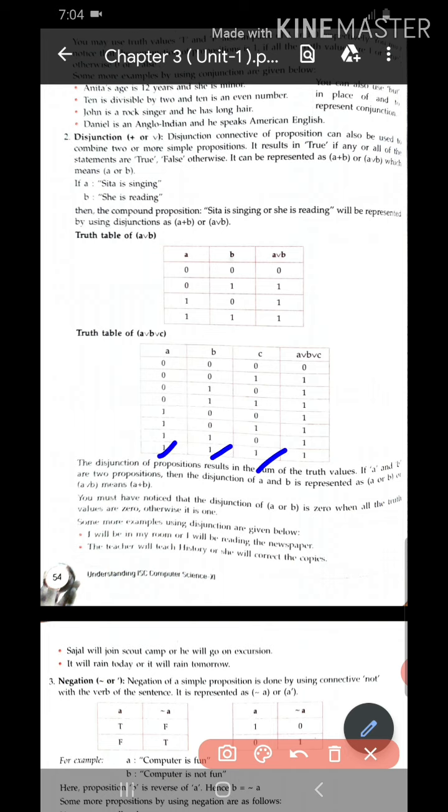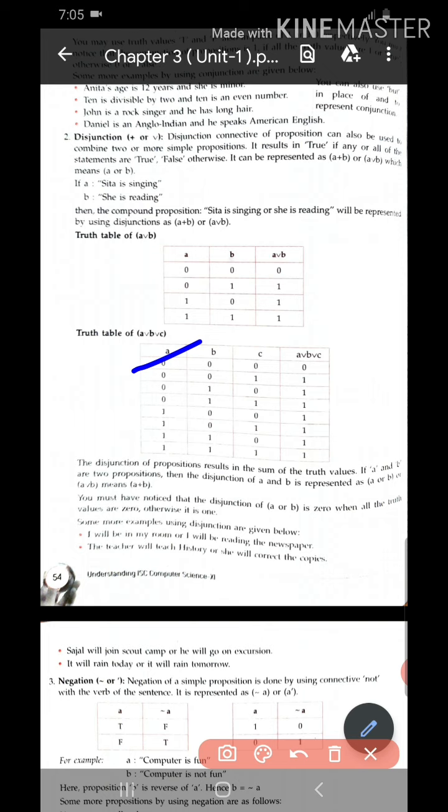Means all conditions have 1. In either of the conditions, we are having 1, which means OR provides us 1. Only for the first condition, OR is not going to provide us a value. But for the other conditions, OR always provides us a value.